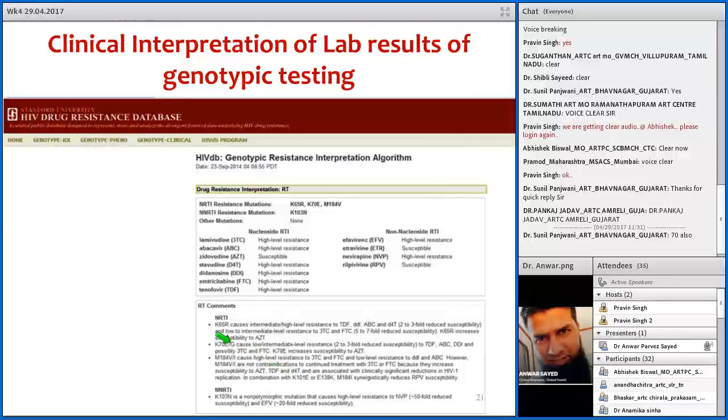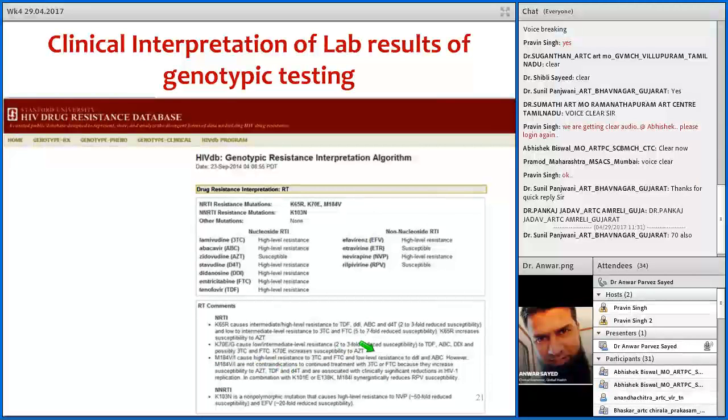One justification is that if a person has the K65R mutation, it increases susceptibility to Zidovudine. Similarly, if you have the M184V mutation, this increases susceptibility not only to Zidovudine but also to Tenofovir and Stavudine.